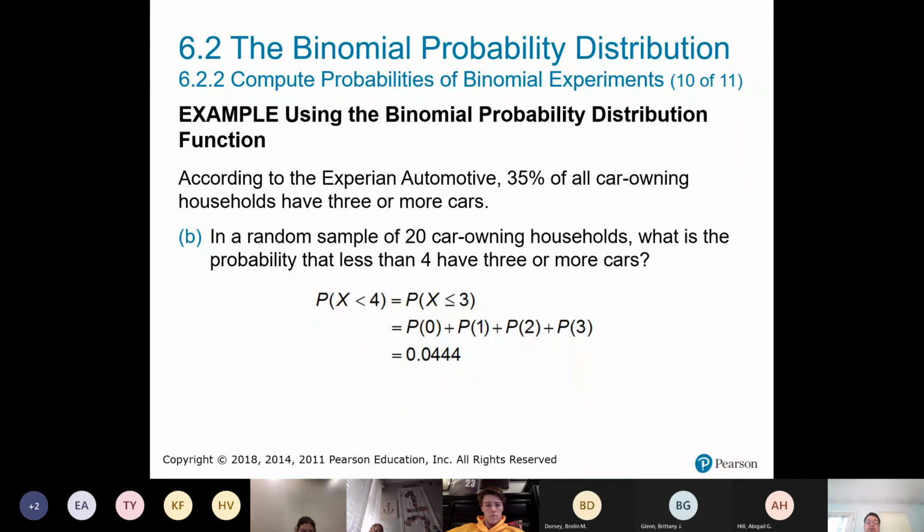So we still got n is equal to 20, and we've got p is equal to 0.35. And I'm going to put x is equal to parentheses because it says less than 4.